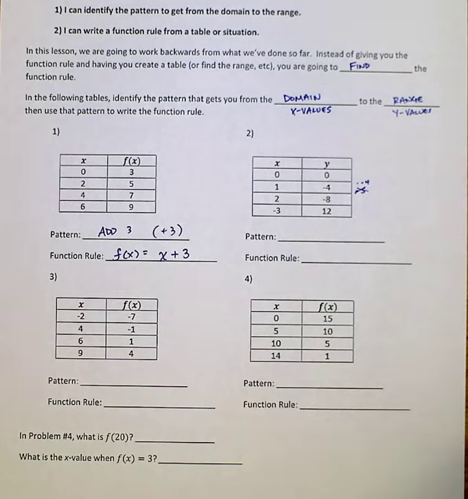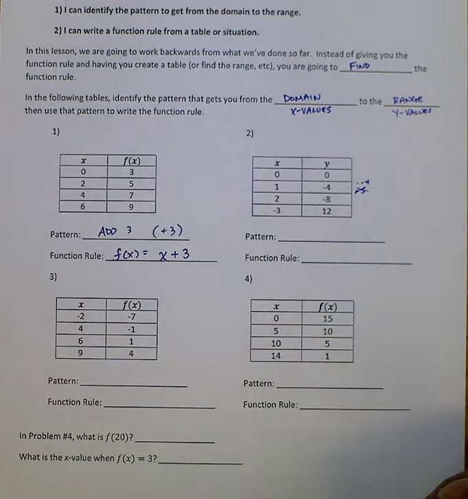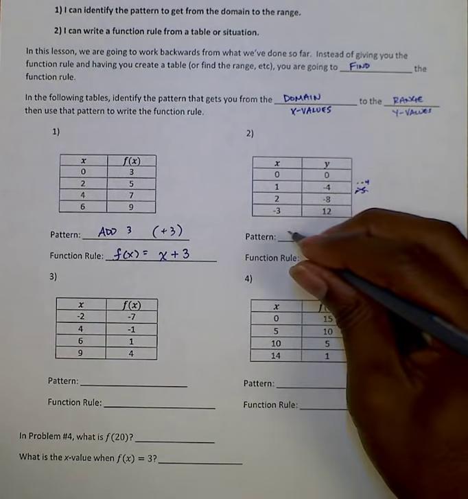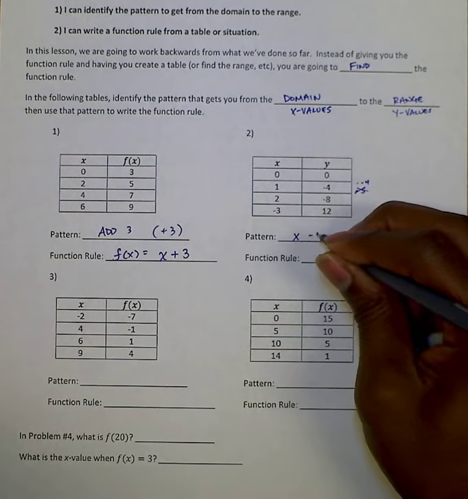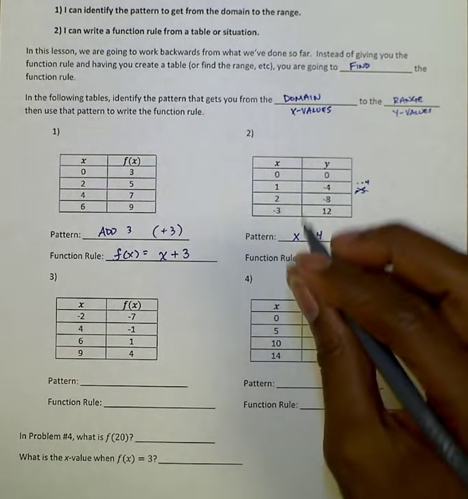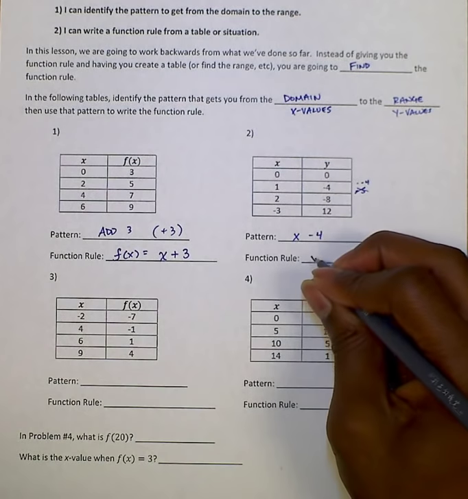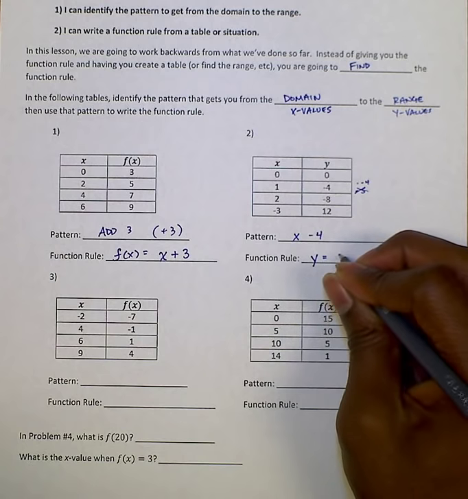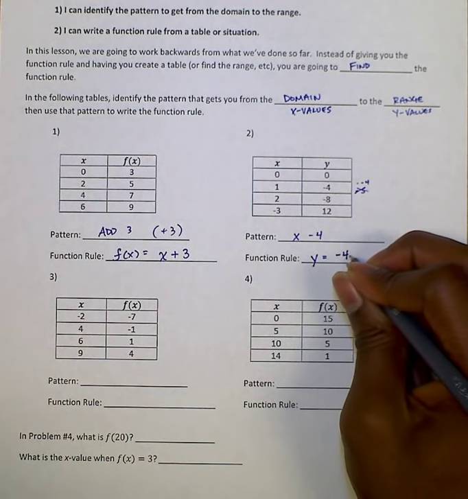So I've identified my pattern: I'm multiplying by negative 4. So my function rule is y equals negative 4x.